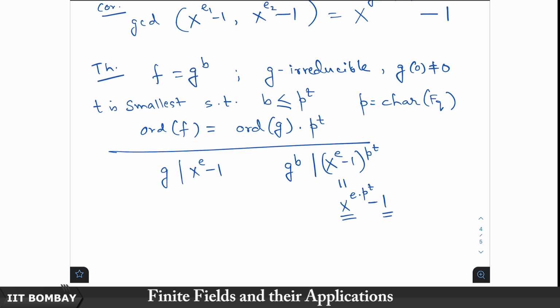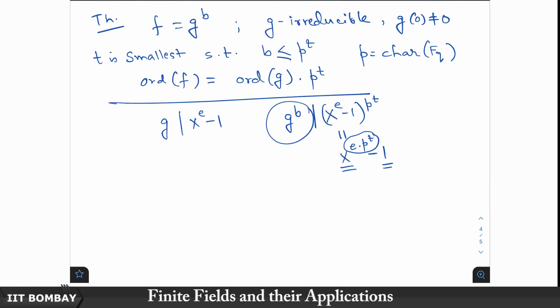So, g^b divides this, and hence clearly the order is less than or equal to this exponent, but one can argue that this is the smallest such number, and hence that is the exponent of g^b. Okay, so now we know how to express the exponent of a power of an irreducible polynomial.